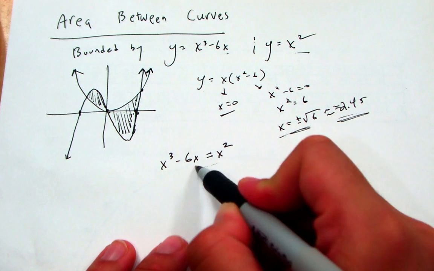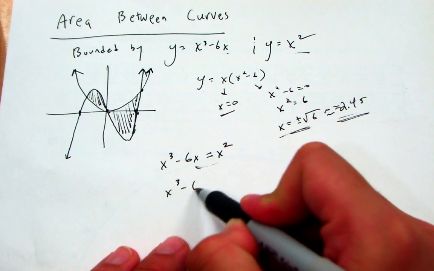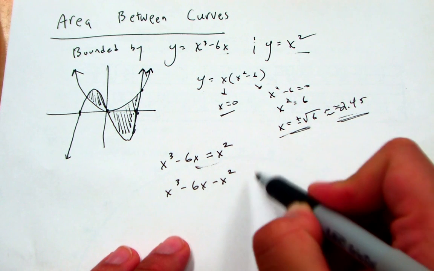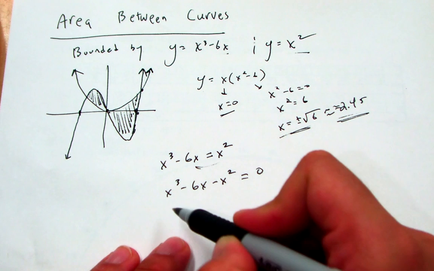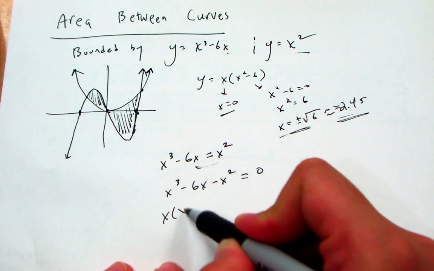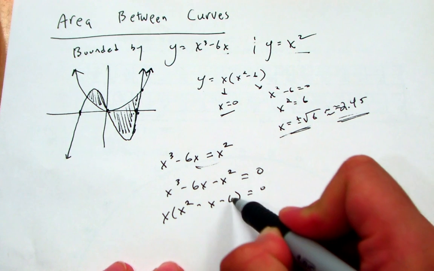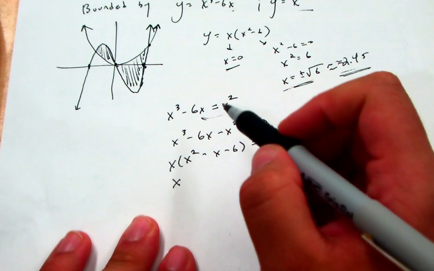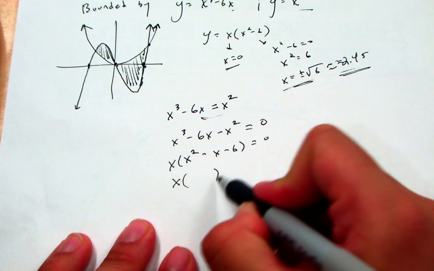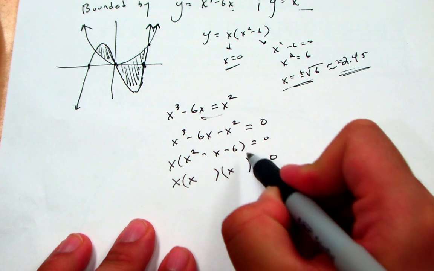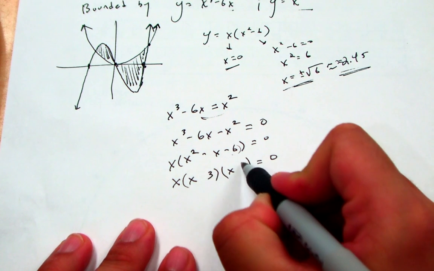So I'm going to move this over to that side, and I get x cubed minus 6x minus x squared. I should have put that in descending order, but oh well. I'm going to factor an x out of this, and now I'll put it in descending order. x times x squared minus x minus 6 is equal to 0. I'm going to factor this furthermore by using my patented butt cheek method. Coming to a store near you. So x and x, factors of 6 are 3 and 2.